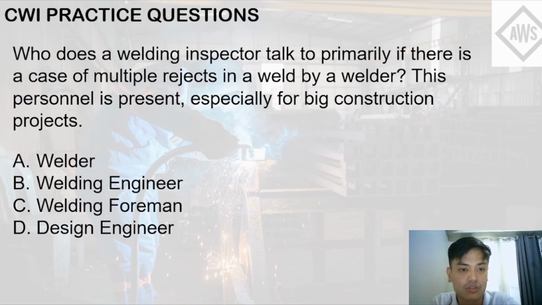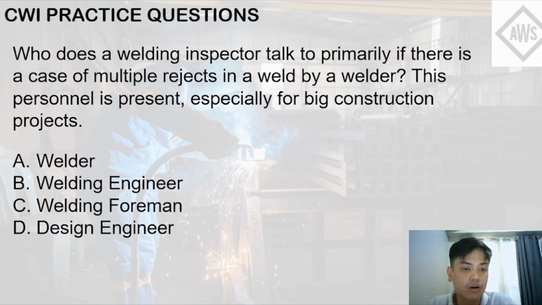So it might not be a good idea to confront him directly if he produced multiple rejected welds. So letter B, welding engineer, is basically not responsible for this because he created the welding specification. So he will not be the one the welding inspector needs to talk to in this situation.